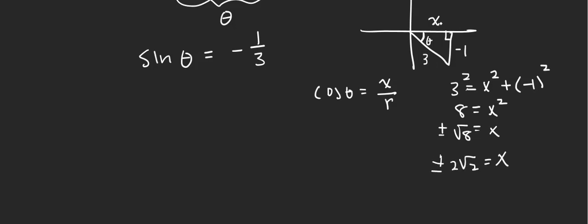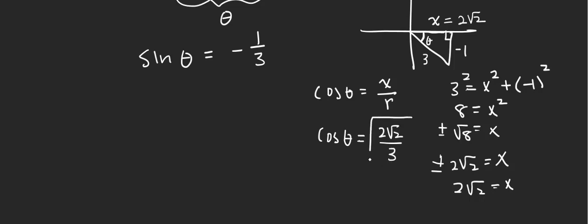But since x is positive in the fourth quadrant, we ignore the negative. So x is 2 radical 2. So what is our cosine theta? Cosine theta will be 2 radical 2 over 3, and this is our final answer.